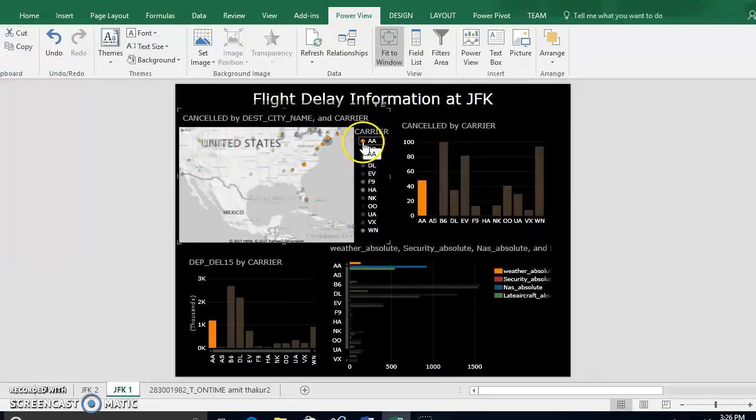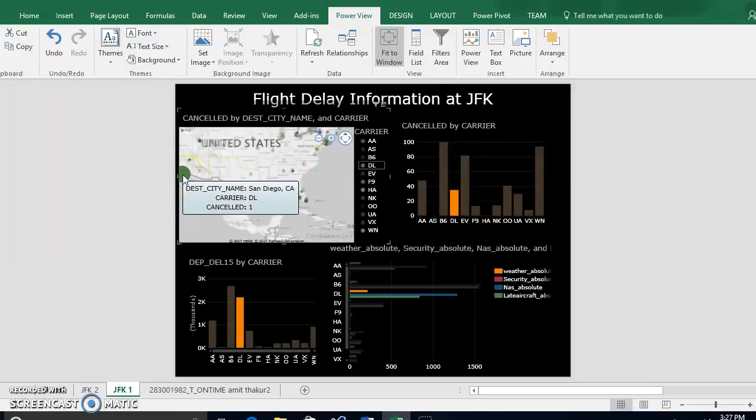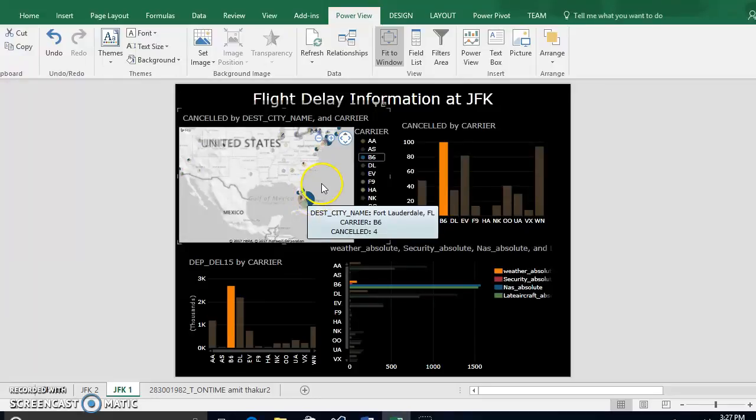When we click on American Airlines, it shows that they cancelled 6 flights into Charlotte. Delta cancelled 1 flight into San Diego. JetBlue cancelled 4 flights into Fort Lauderdale.